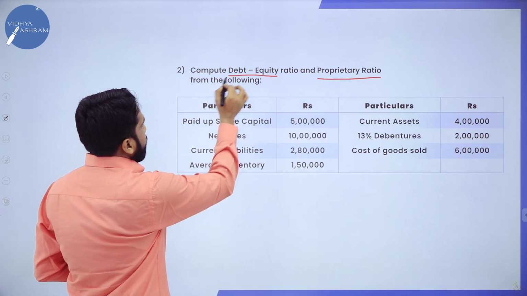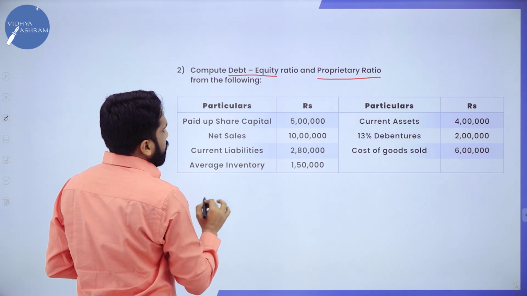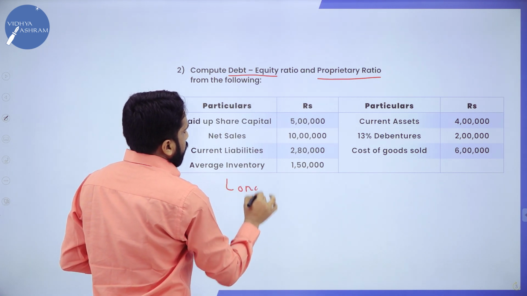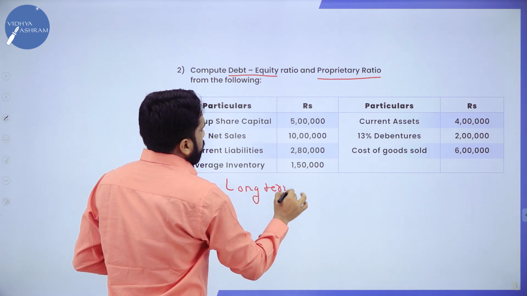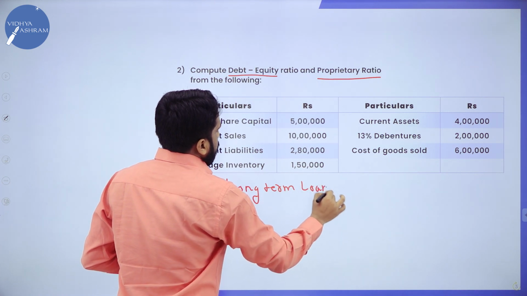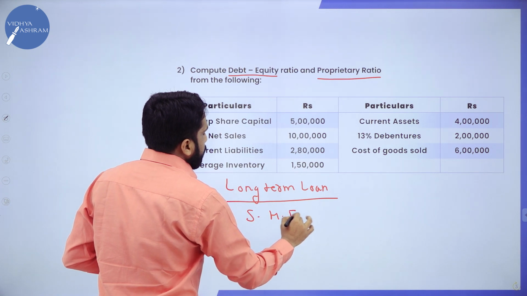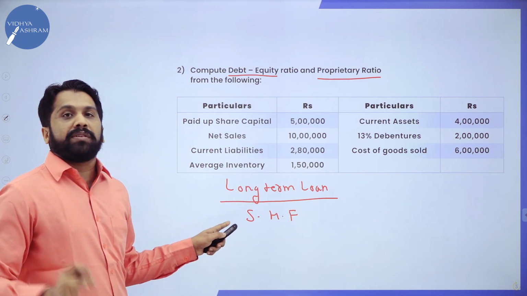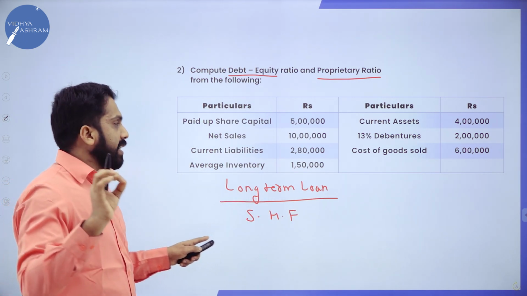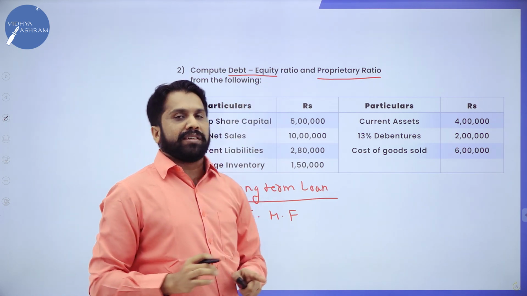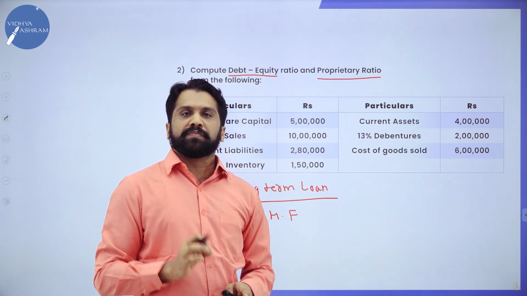Now, first one, debt equity. What will be the formula? Long-term loan divided by shareholders fund. You have to remember this formula because in examination, debt equity ratio is a compulsory question. Clear?